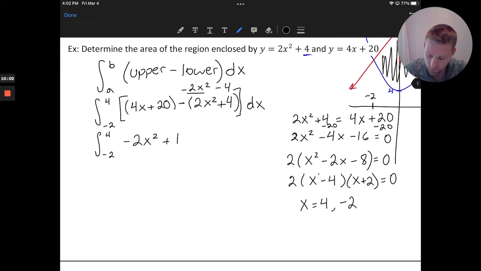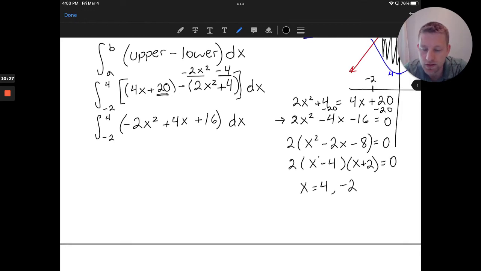We'll have a plus 4x, and then the 20 and the negative 4 here can add to get positive 16. So we'll notice that this is really the opposite of what we found when we set these equal to 0. And that's the integral dx.